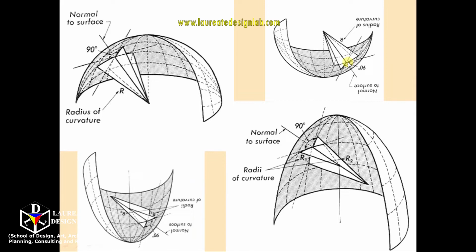The intersection of a dome with a plane passing through its normal has a downward curvature. So the plane which is going through it, if this is a point of the normal of the surface, then this will be called as downward curvature.